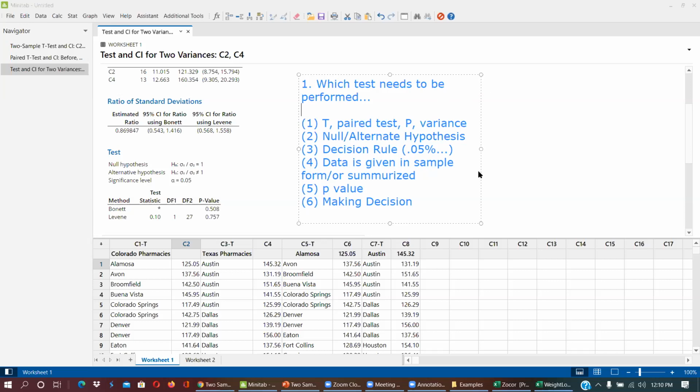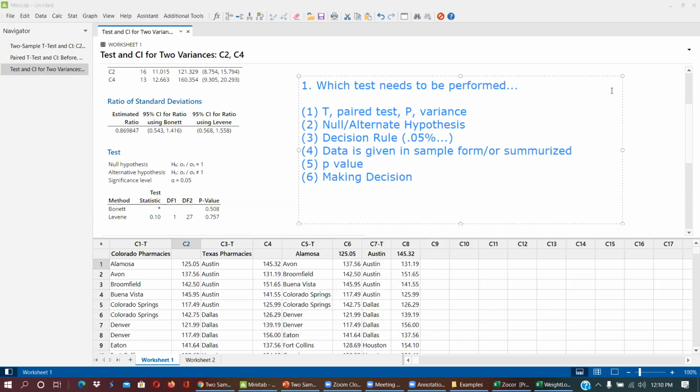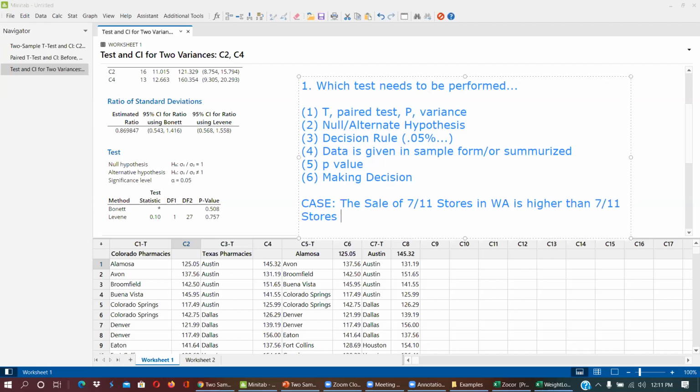Let's say the sales of 7-Eleven stores in Washington are higher than 7-Eleven stores in Idaho.